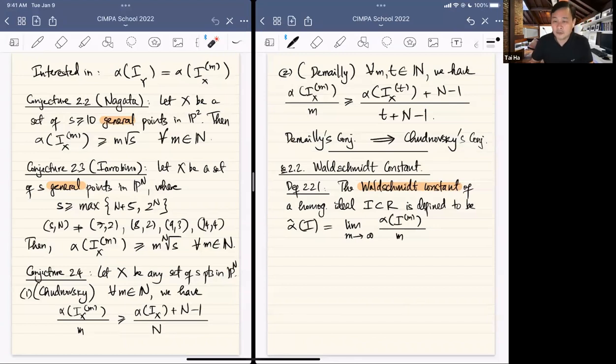So look at alpha, which is the least or initial degree of the m-th symbolic power of I, divided by m, and take the limit as m goes to infinity.